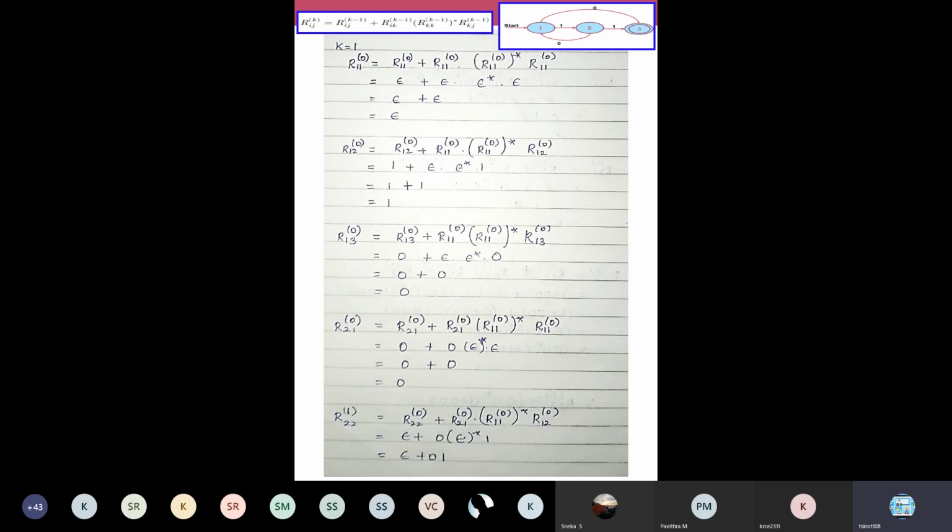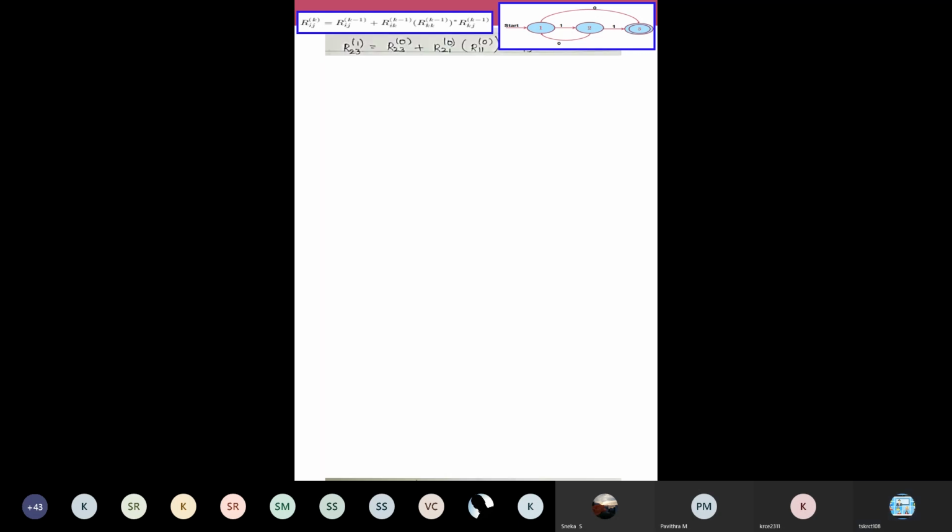Okay, so go to the next step. R22 we have found out. Next is R23, so R23 of 1. Find the expression R23 of 1, apply the formula and substitute the values. Try minimization on your own and see whether you are able to do it. Remember, when epsilon comes in concatenation, just remove it. When null comes in concatenation, make that entire term null.